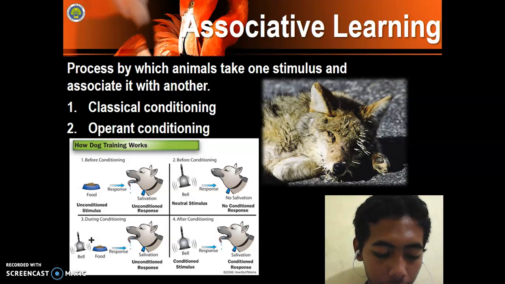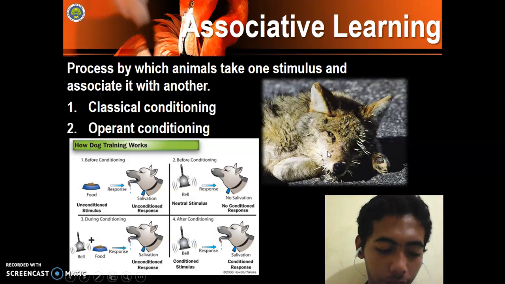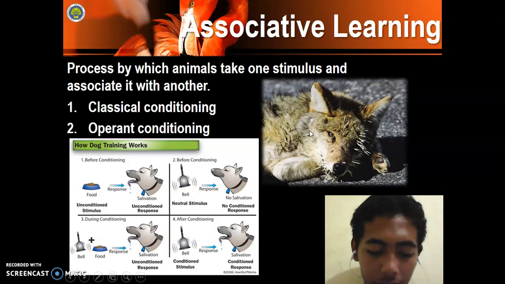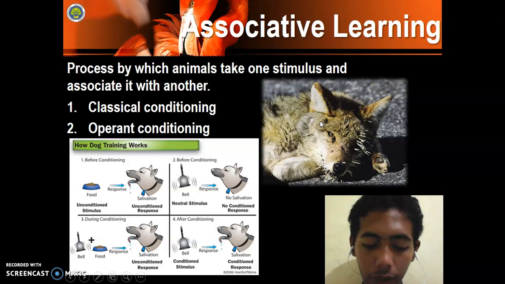For example, the coyote having received a face full of quills has probably learned to avoid porcupines.